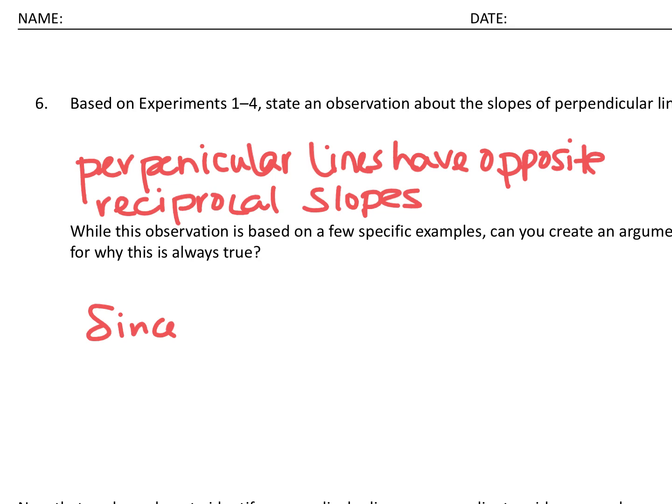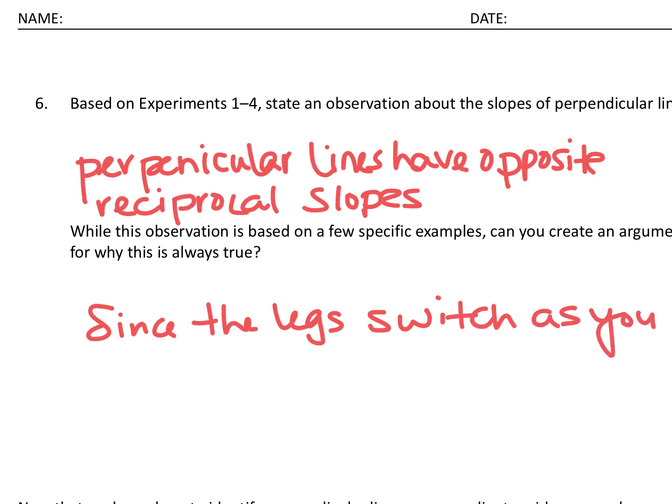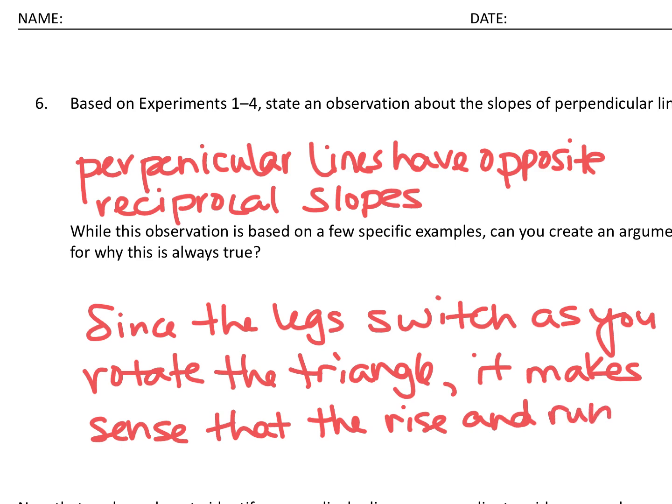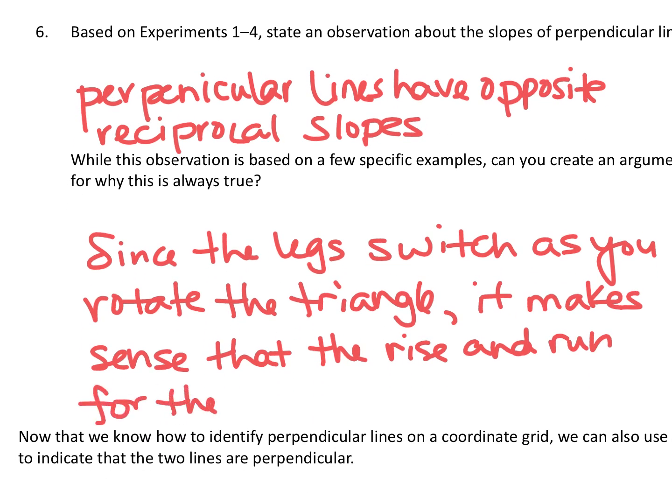Since the legs, the two shorter sides of the triangle, switch as you rotate the triangle, it makes sense that the rise and run for the slopes switch too.